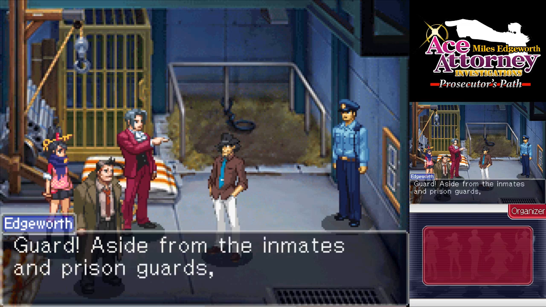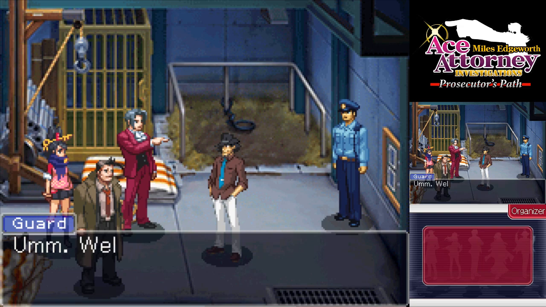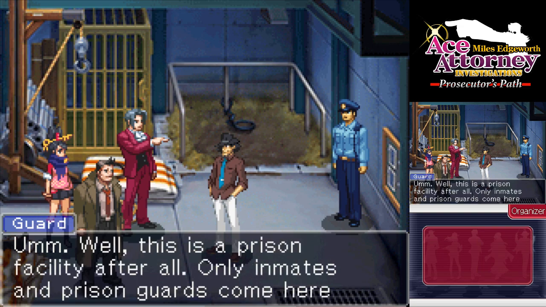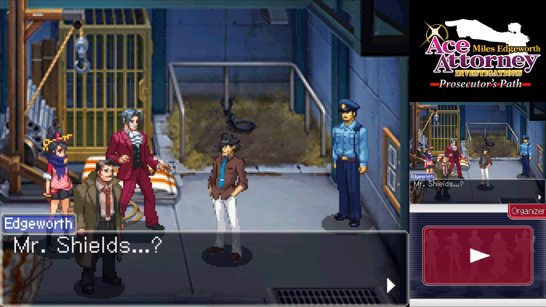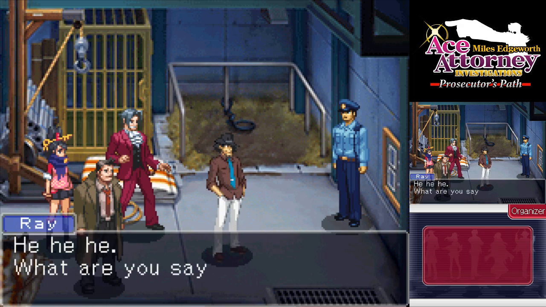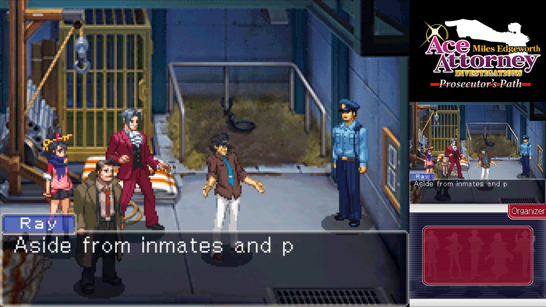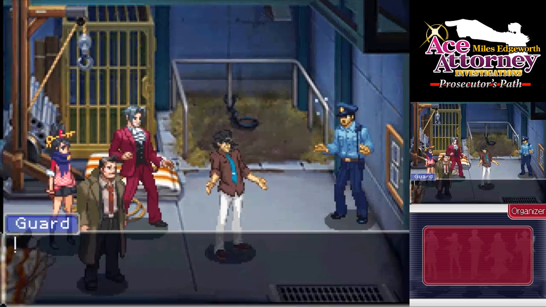Guard, aside from the inmates and the prison guards, does anyone else have access to this room? Well, this is a prison facility after all. Only inmates and prison guards come here. Hold it. Mr. Shields? Hey, what are you saying? There are others that come in here. Aside from inmates and prison guards, there are certain things that can enter this room.